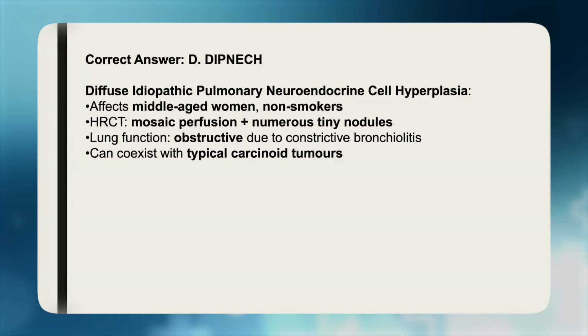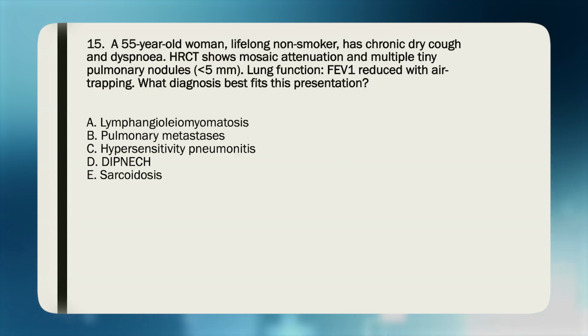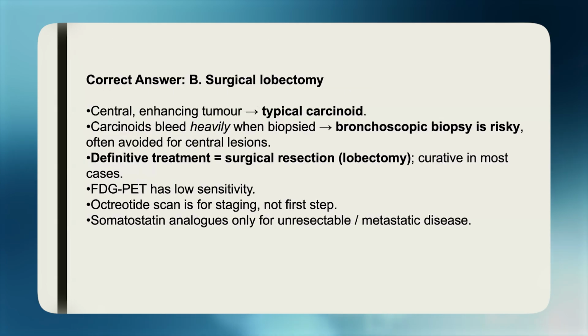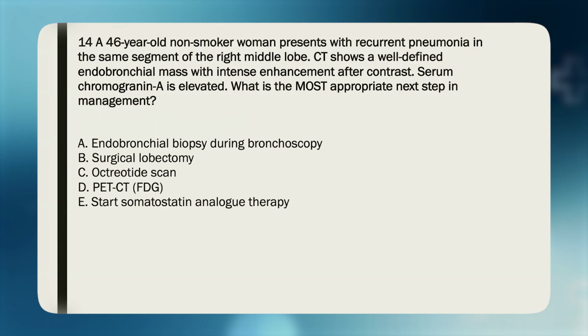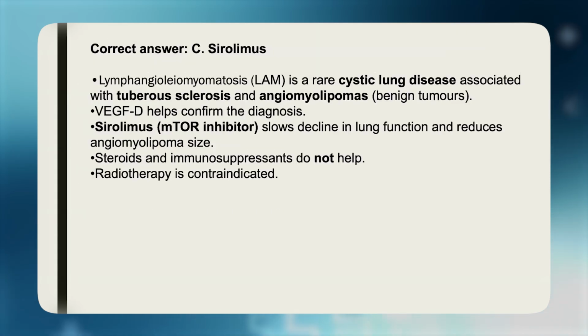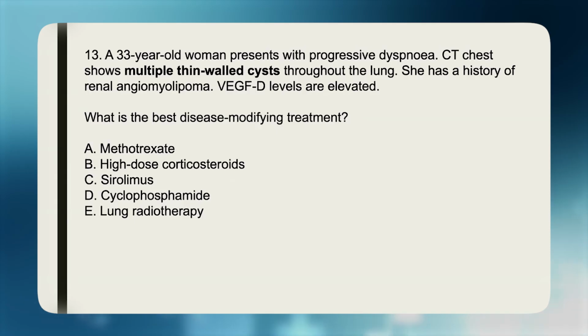So you can remember these different patterns, guys. Here it is mosaic pattern for small nodules for DIPNECH. Carcinoid is generally endobronchial, near the bronchus, well circumscribed, with easy enhancement. Then LAM will show multiple thin-walled cysts, with some history of congenital issues like tuberous sclerosis.